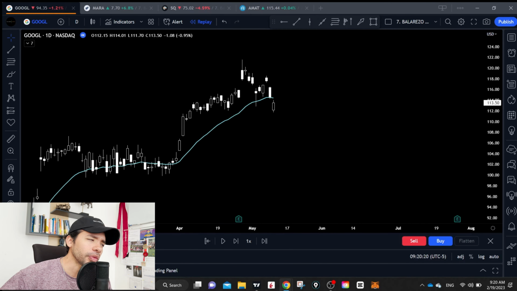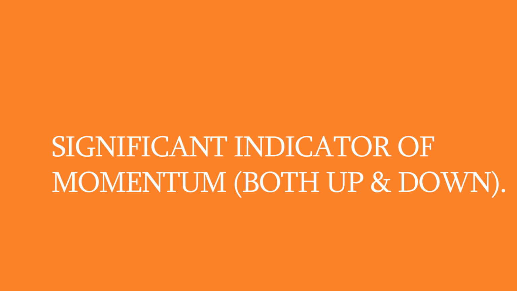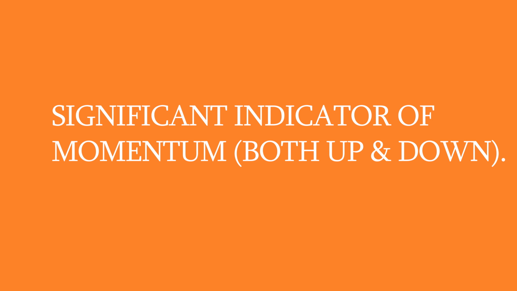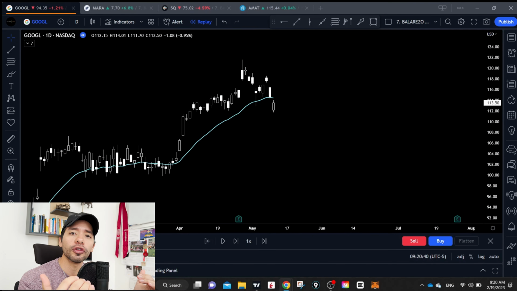Now, the 21 exponential moving average is a significant indicator of the momentum in either direction of the stock. So it depends if the stock is trading above the 21 or below the 21 exponential. If it's trading above the 21 exponential, then we expect a lot of momentum trading to the upside. And if the stock is below the 21 exponential, then we're expecting a lot of momentum to the downside.